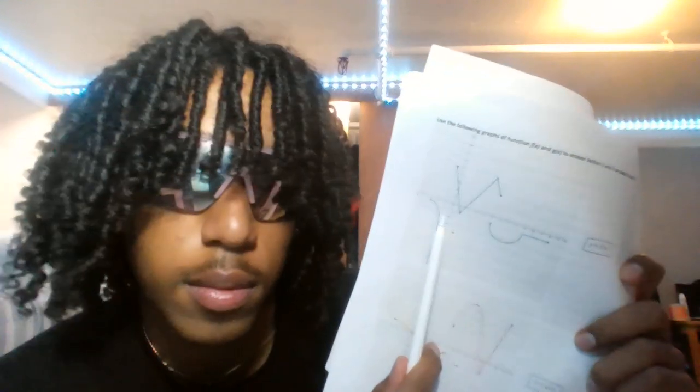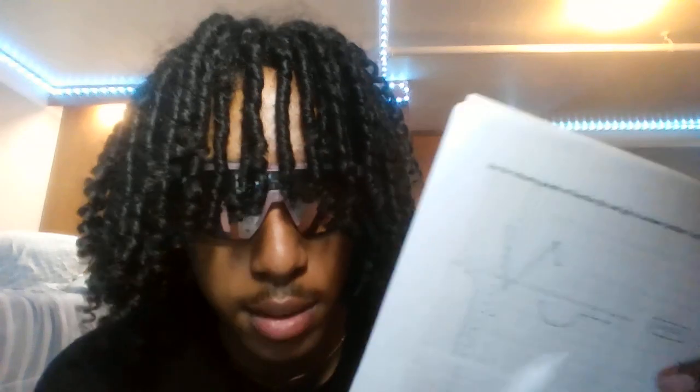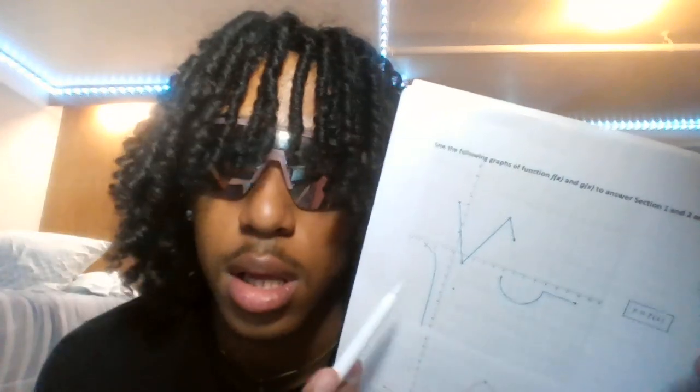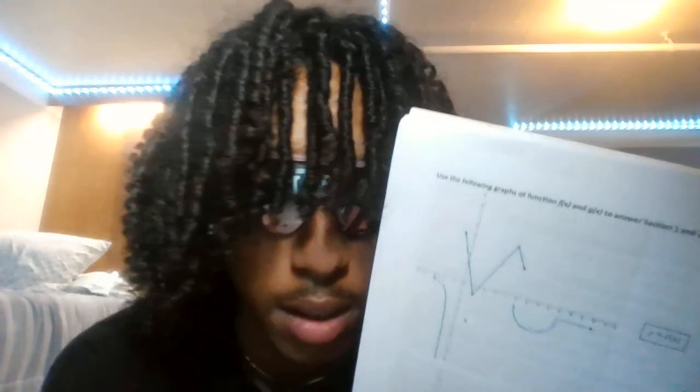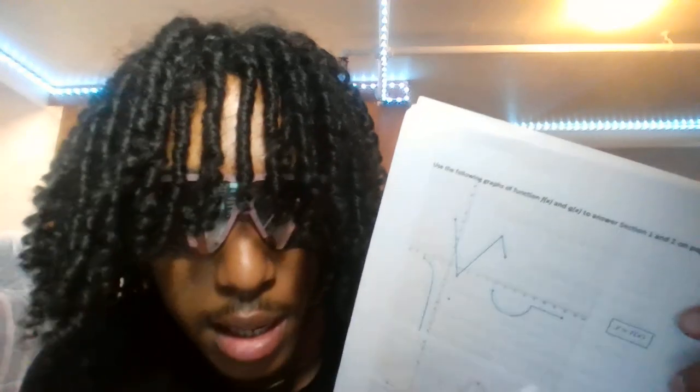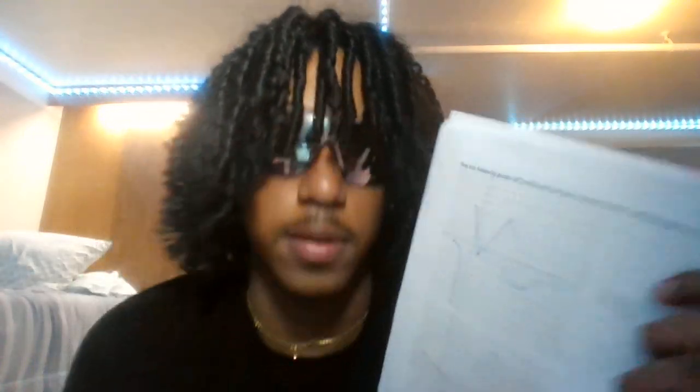So we locate -1 over here on this side. If we notice that as x approaches -1 from the left, f of x is approaching negative infinity. And if we look at the right side, f of x is approaching positive infinity, not negative infinity.